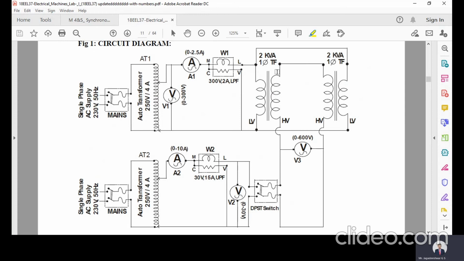Secondary 100% of the first transformer is shorted with primary 100% of the second transformer. Plus you can see 0% of the second transformer is connected to the primary 0% of the first transformer. These connections. So this is the first part of the connection.